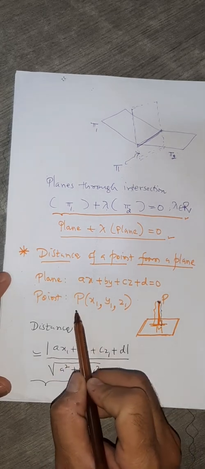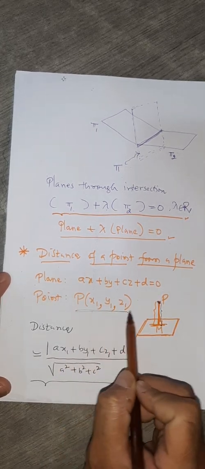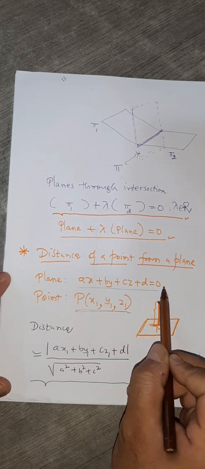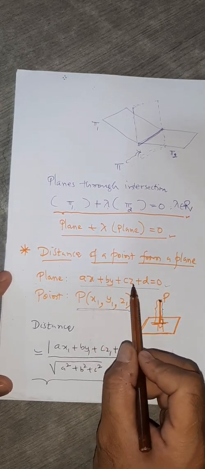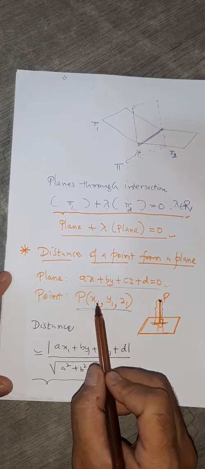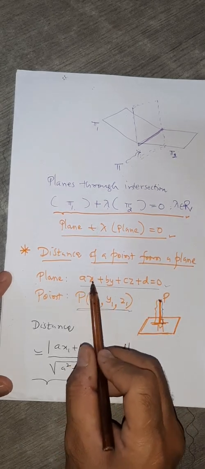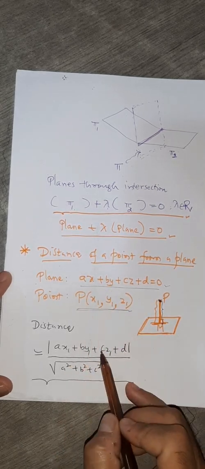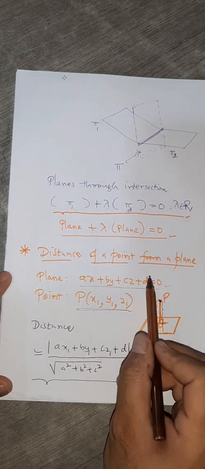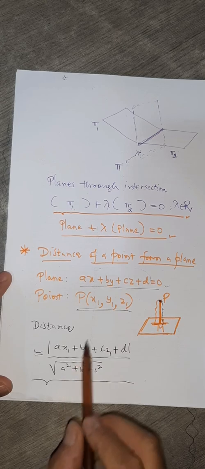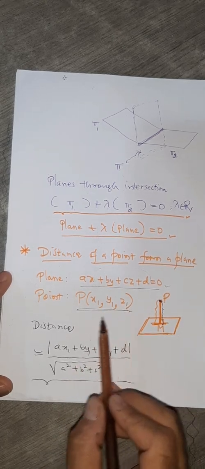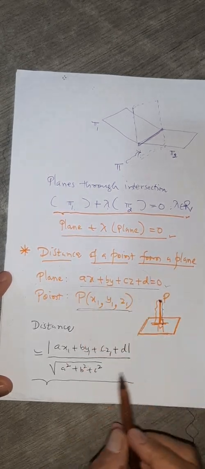It's a very simple formula. If this is a fixed point that's given to you, and this is the equation of the plane, then just x, y and z are replaced by x1, y1, z1. So ax1 plus by1 plus cz1 plus d, this much only, upon root of not x1 square, y1 square plus z1 square, but a square plus b square plus c square.